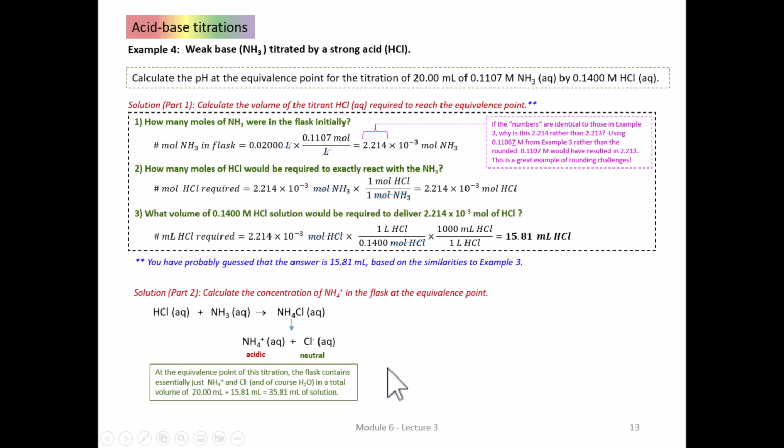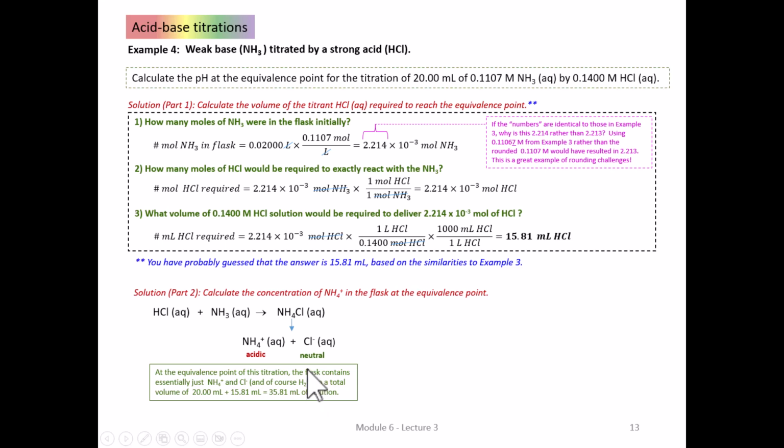So at the equivalence point, we actually expect this solution to be acidic because of the ammonium ion, and the total volume of that solution should be what we started with in the flask, 20, plus what we added from the burette, for a total of 35.81 milliliters of solution.